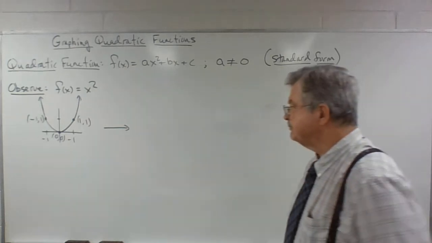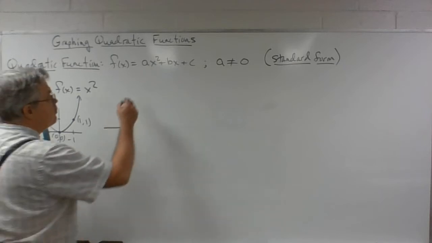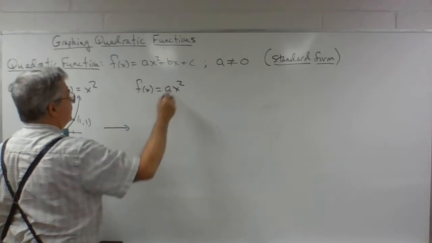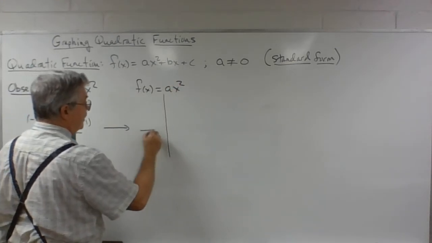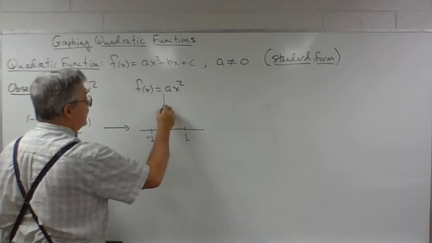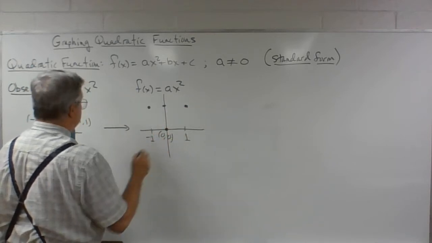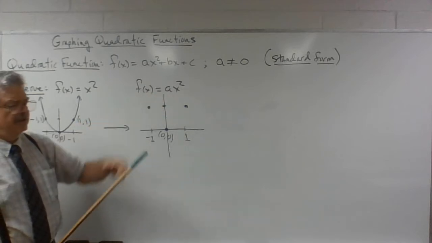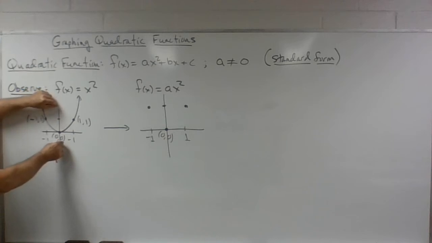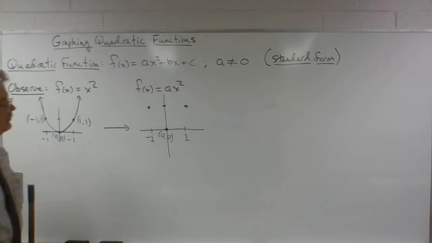For example, we can stretch this vertically, and what this does is it takes the graph of f of x equals x squared and stretches it by a factor of a vertically.